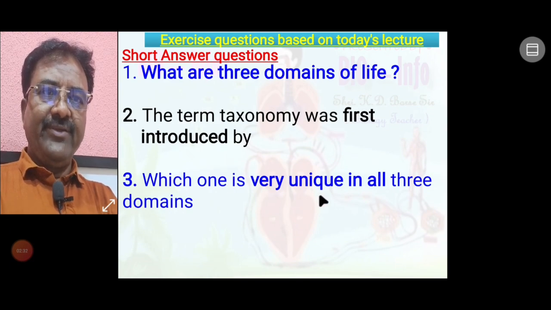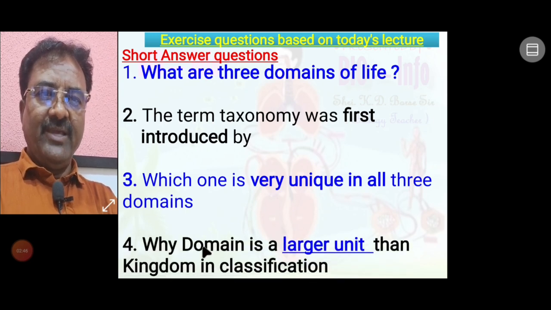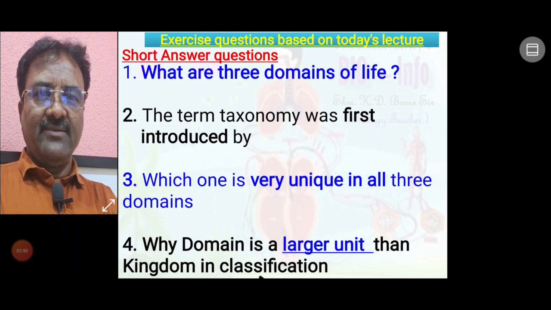Which one is very unique in all three domains? rRNA, or ribosomal RNA, is very unique in all three domains. Why is domain a larger unit than the kingdom classification?